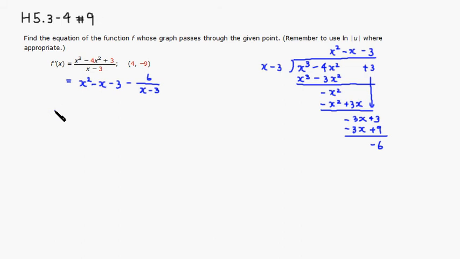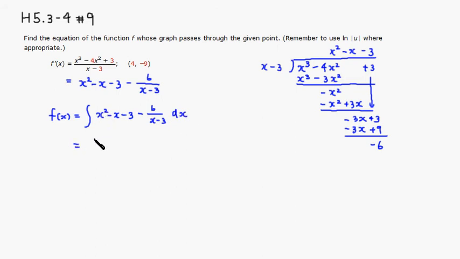Now we can take the antiderivative to find the original function f of x. So this is the antiderivative of x squared minus x minus 3 minus 6 over x minus 3, dx.